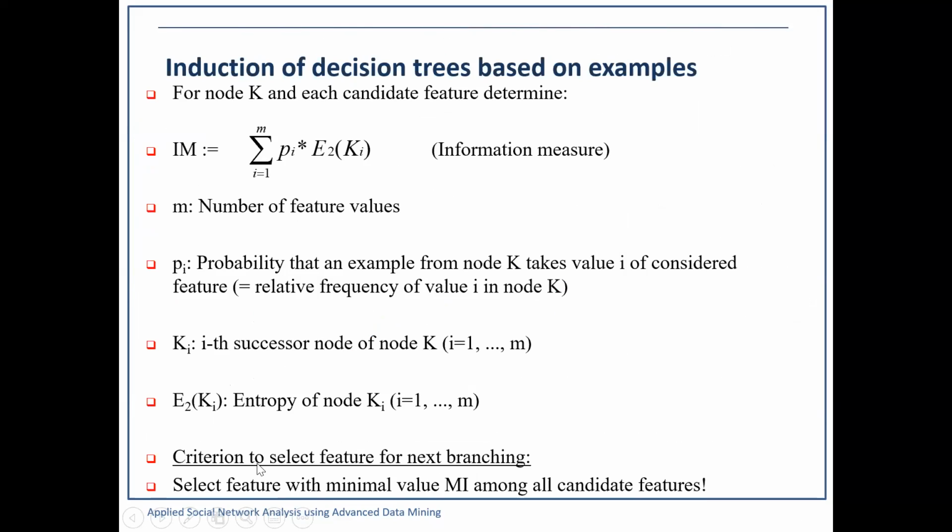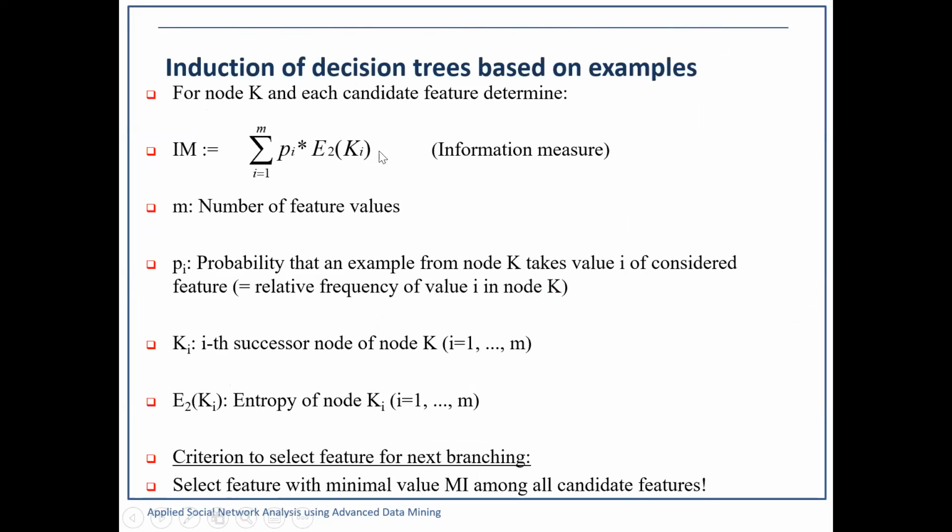That's the criterion. On the very last line, it tells us how we should split. We select the feature with minimal value for information measure. IM is defined as the information measure based on entropy. That's what Shannon defined back in the 40s, 50s.